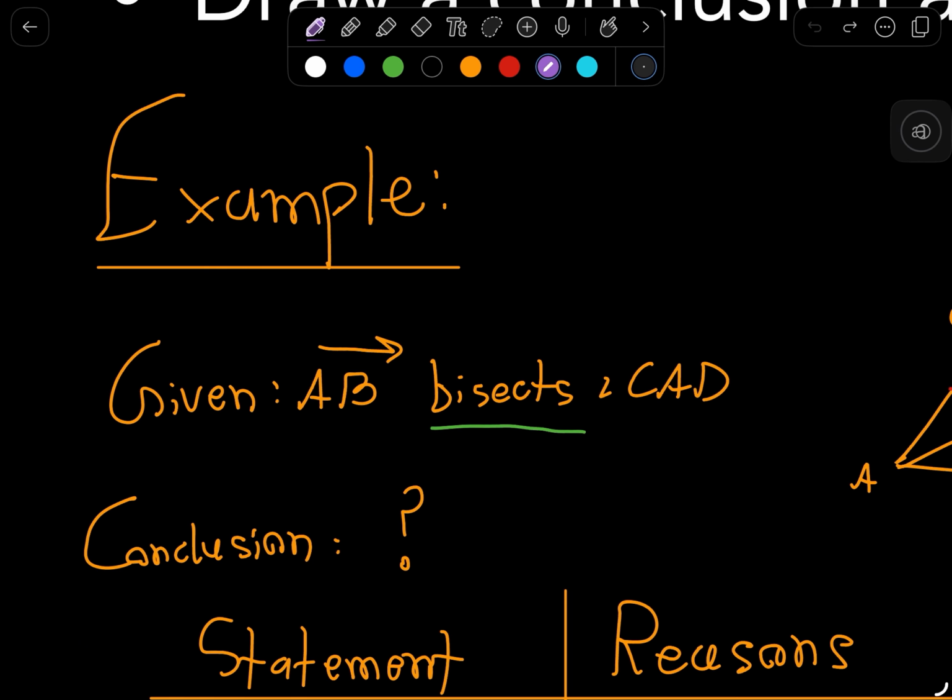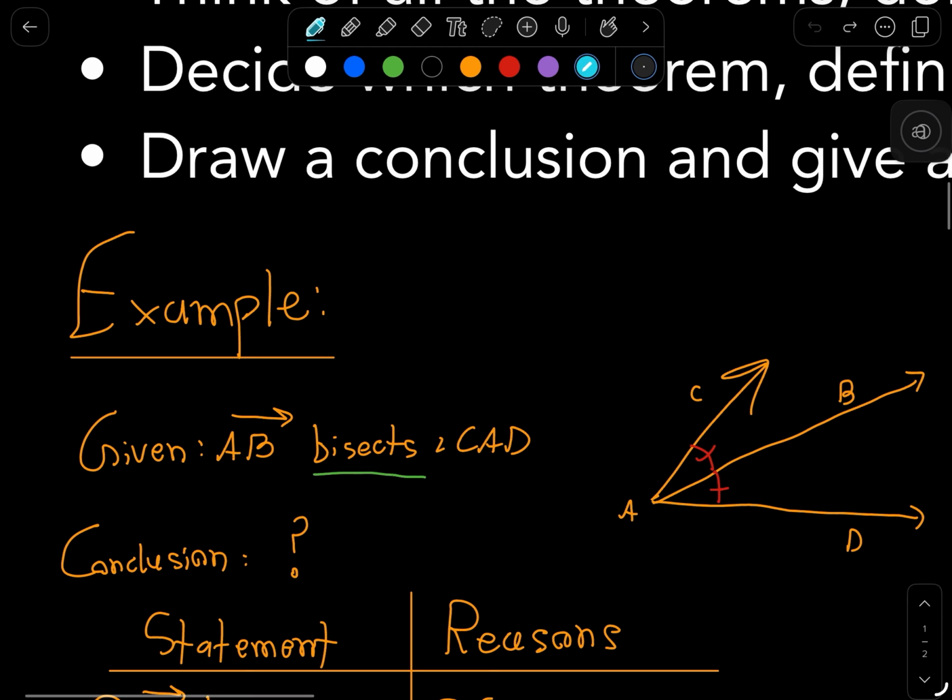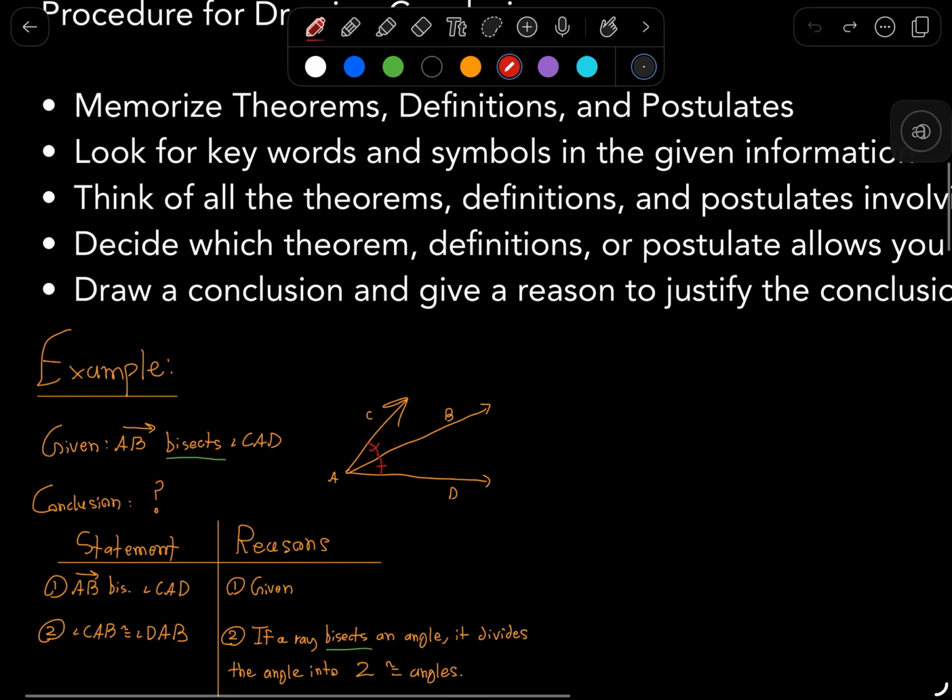If you're thinking about bisects, and you're given an angle in this problem, you should narrow down your options to bisector theorems or angle bisector theorems, because there's a bisects in the problem and there's also an angle involved. So think of angle bisector.